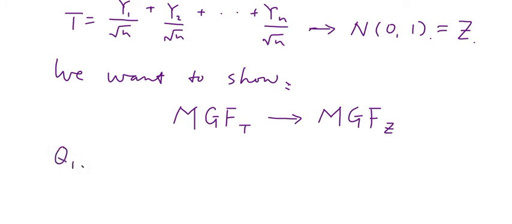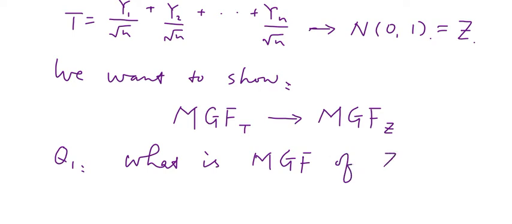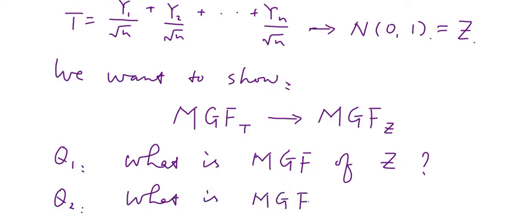Question 1 is what is the moment generating function for Z of the normal distribution, and we want to find the moment generating function of T. So we find the moment generating functions first.